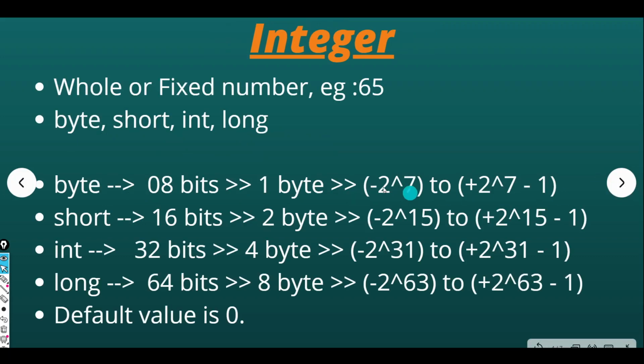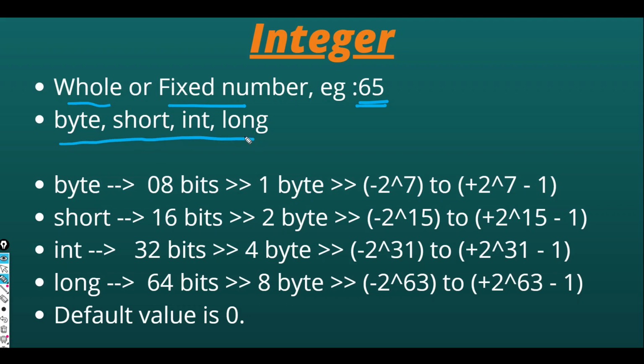We said that integers are nothing but whole or fixed numbers, very precise, no decimals. They were byte, short, int and long, and the difference was the size. The default value of integers was 0.